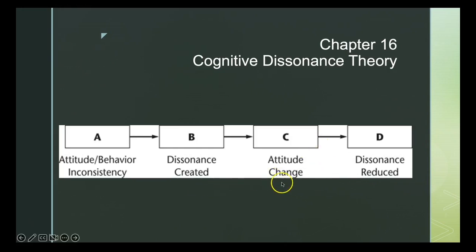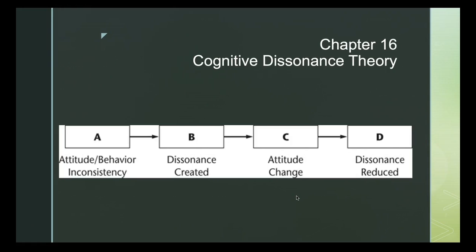What a lot of times people do is change their attitude completely. Instead of saying, I know smoking is bad for my health, they say, I don't think it's really that bad at all. They change their attitude on whether they feel it's wrong, which in turn reduces dissonance. That's one way people reduce dissonance: they try to change their attitude.